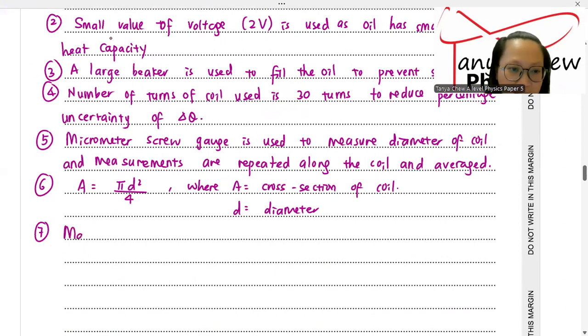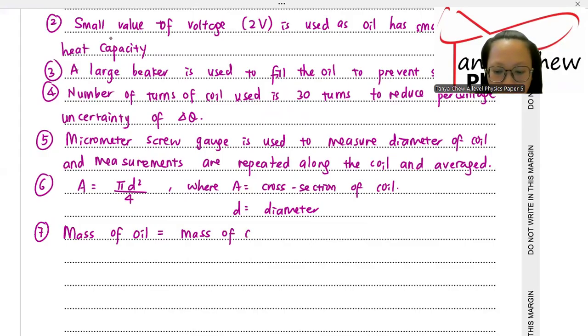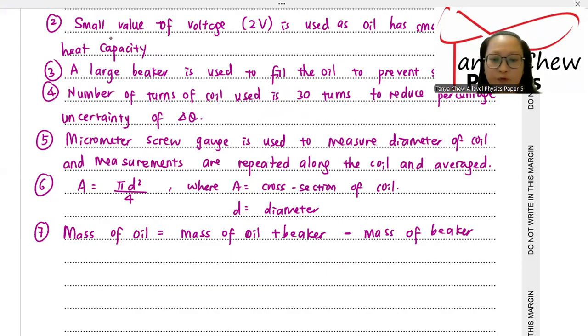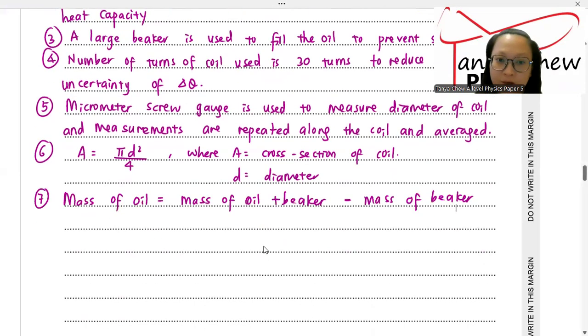So I talk about that. Mass of oil is equal to mass of oil plus beaker minus mass of empty beaker, right? So that is all about my safety precautions and additional details. You need to give at least 6 points for those 6 marks over there, right?